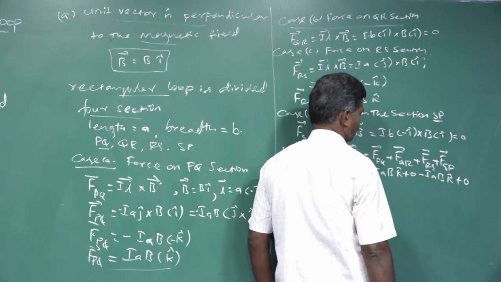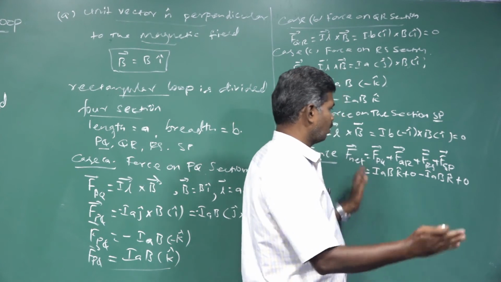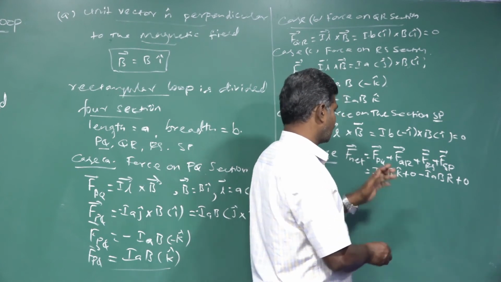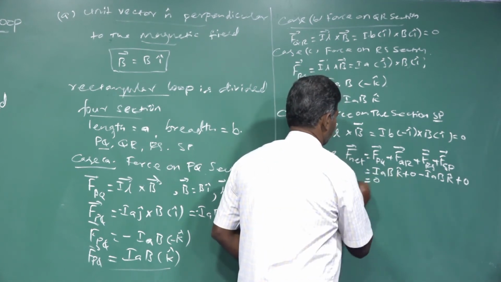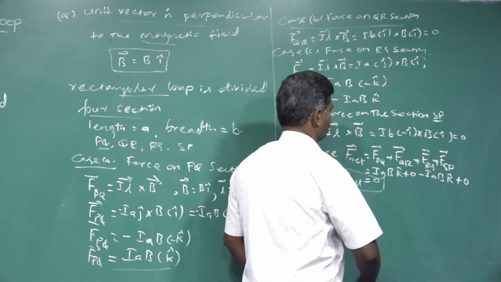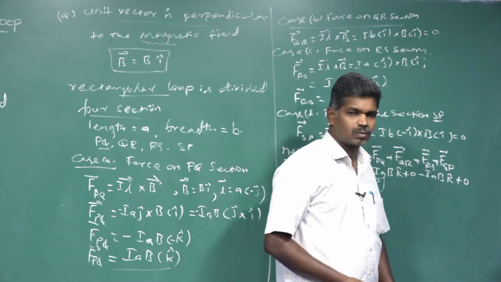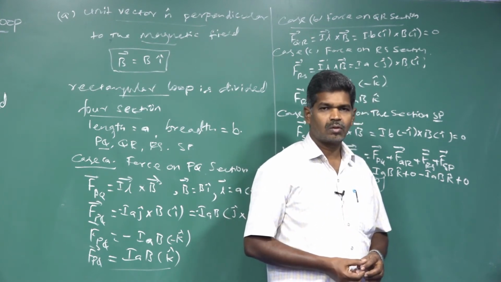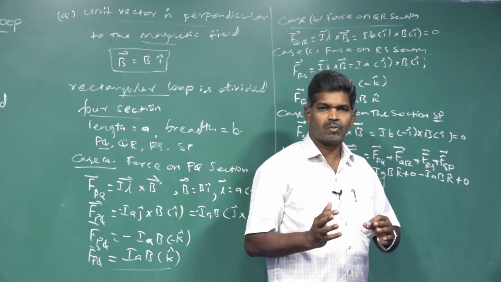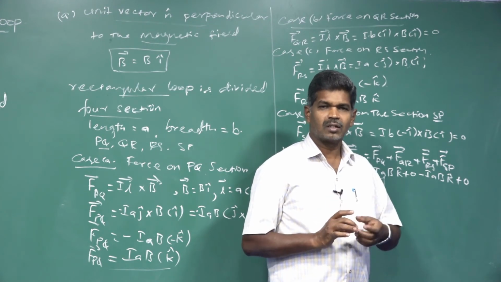That is, fourth one is 0. So if you add them vectorially, we will get the net force value as 0. So net force on a current loop when it is placed in a magnetic field is 0.